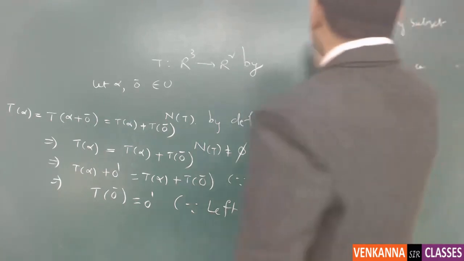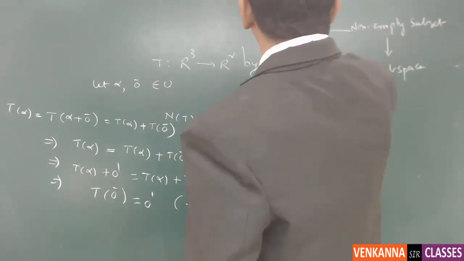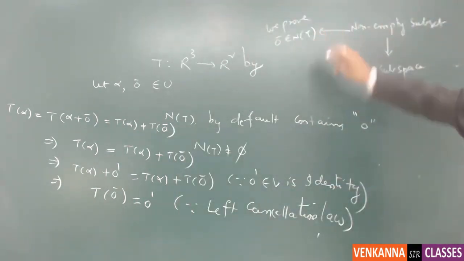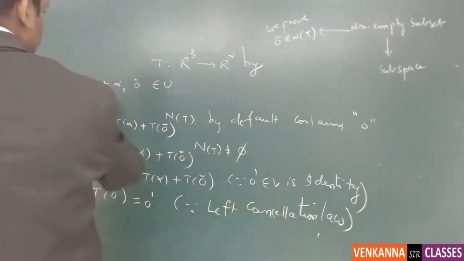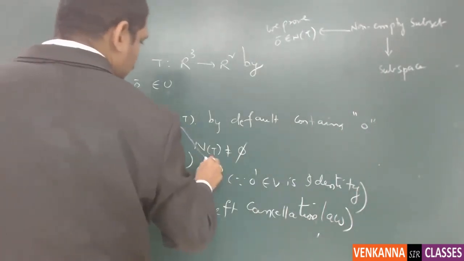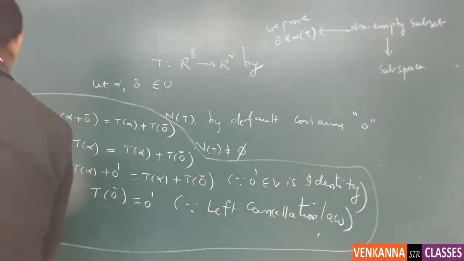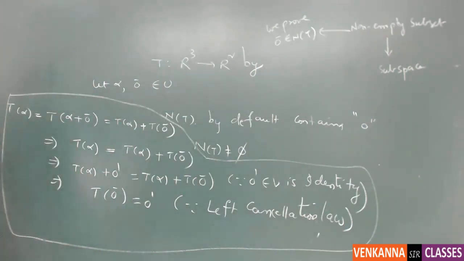So for this, we prove that 0 belongs to N of T, this is the part.